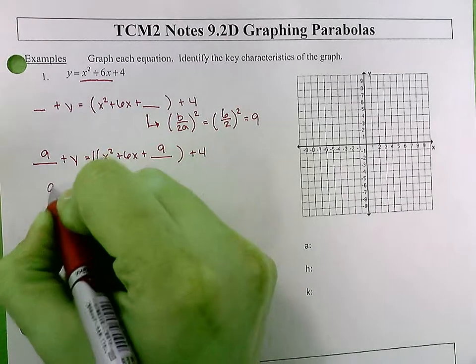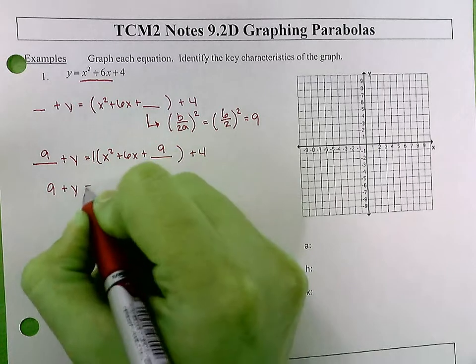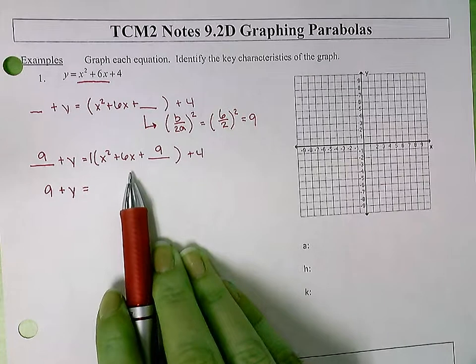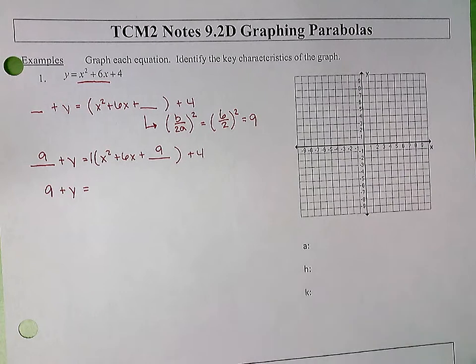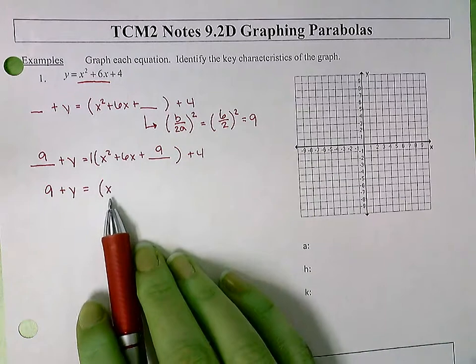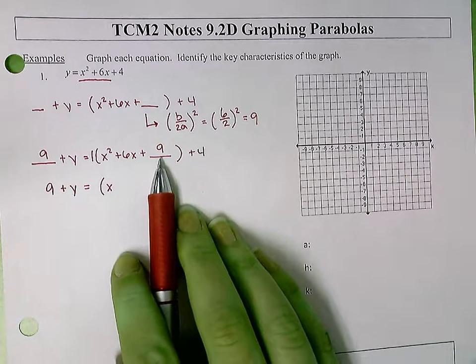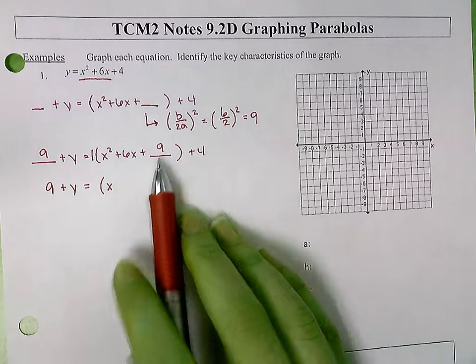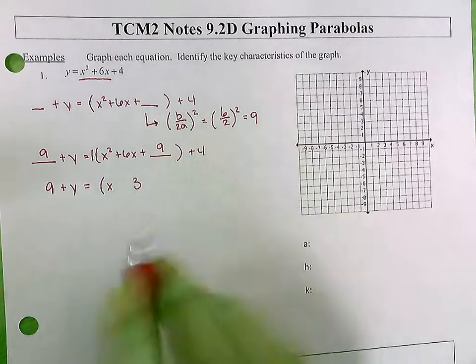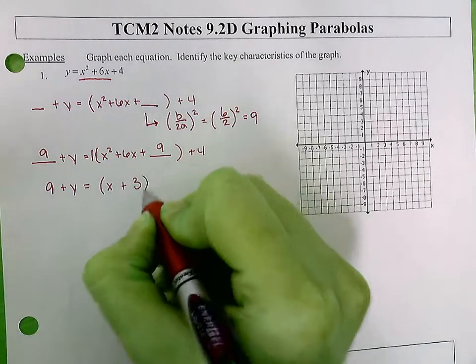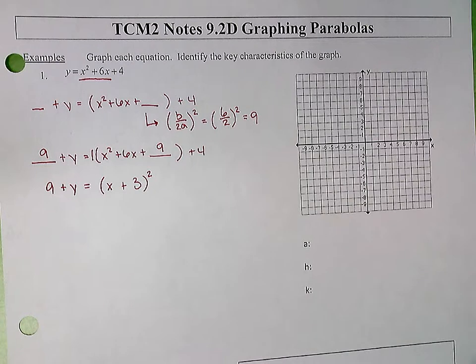From here, I still have 9 plus y. Now I want to factor this. The whole reason I added that 9 in is so that I could have a quantity squared. I'll have x, and I'm going to take the square root of this 9. That's 3, right? Since this is addition, it'll be x plus 3, and that quantity must be squared.